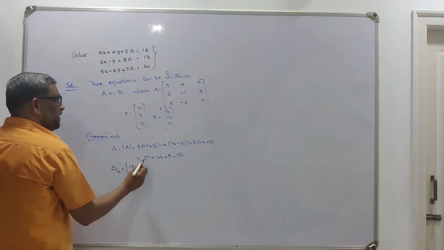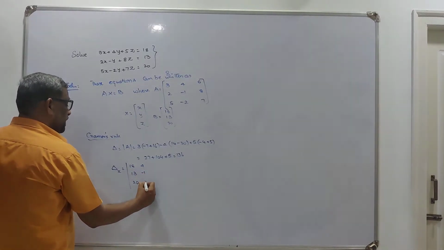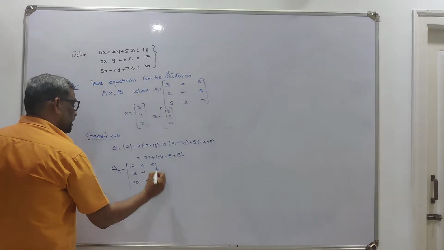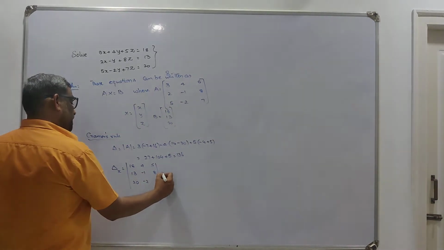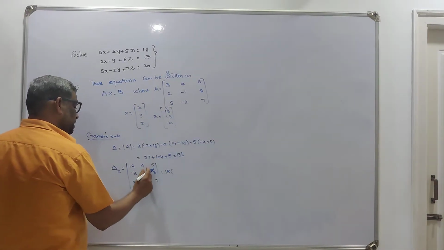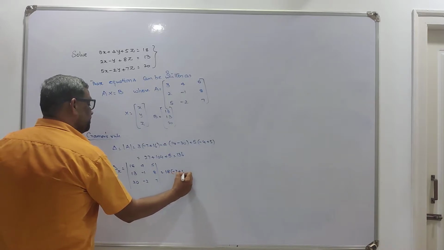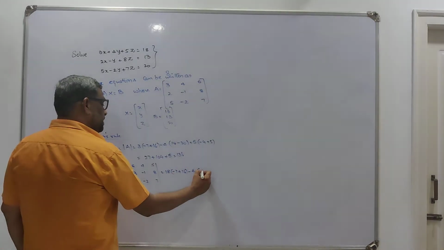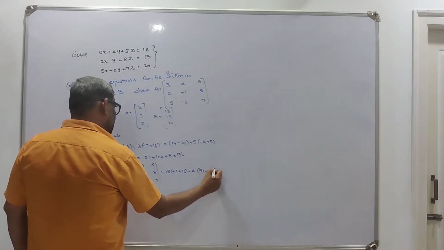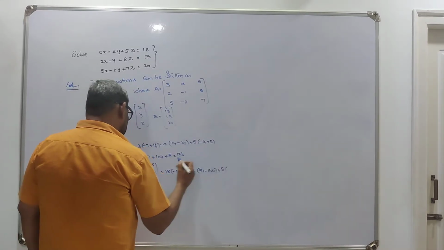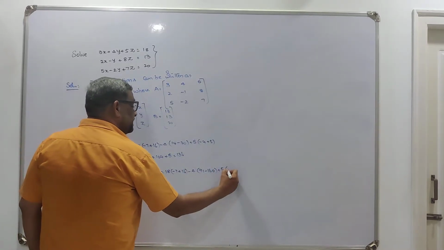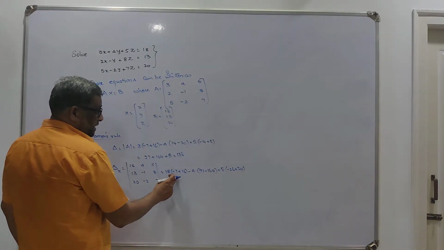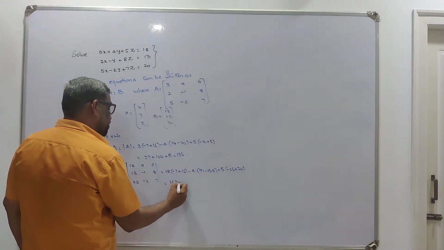18, 13, 20, 4, minus 1, minus 2, 5, 8 and 7. I will find the determinant of this. 18 into minus 7 plus 16, minus 4 into 91 minus 116, plus 5 into minus 26 plus 20. 16 minus 7 is 9. 9 into 18, 162.